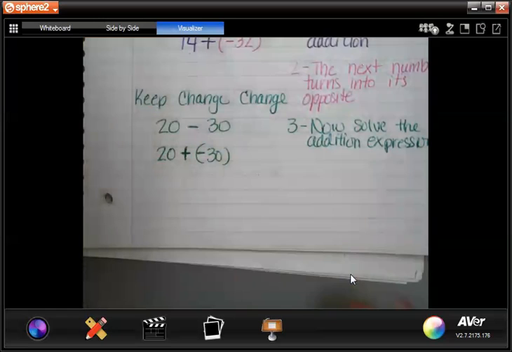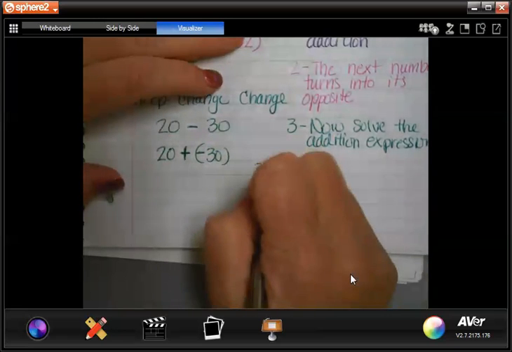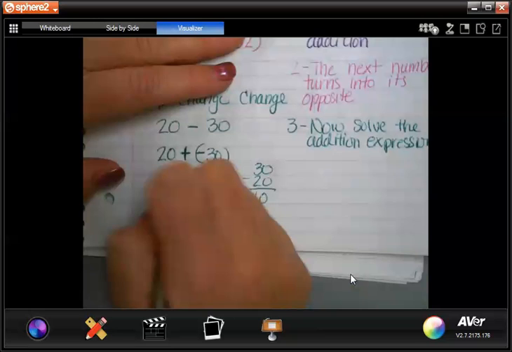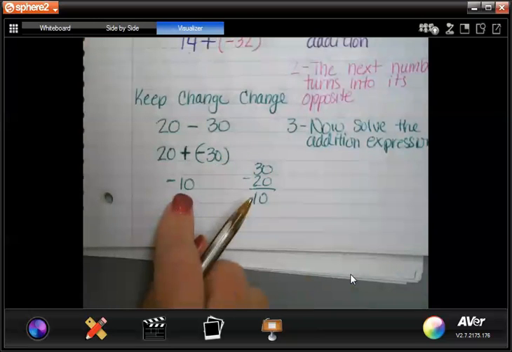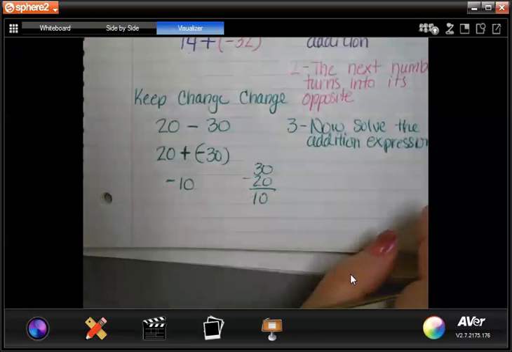Now you guys are back to solving what we learned how to do yesterday. When I have two different sign numbers, I subtract them and I give it the sign of the larger number. So my answer would be -10. Okay, keep, change, change.